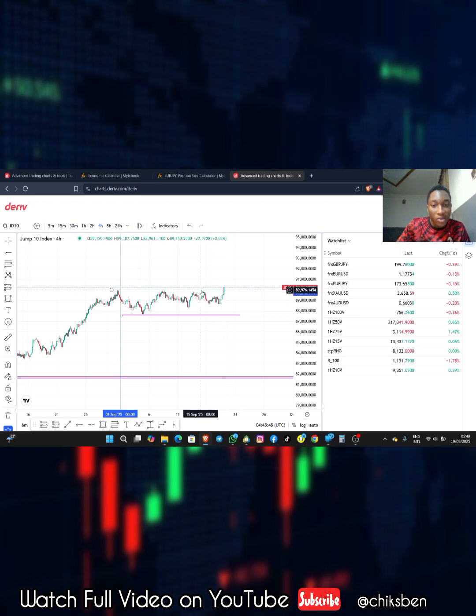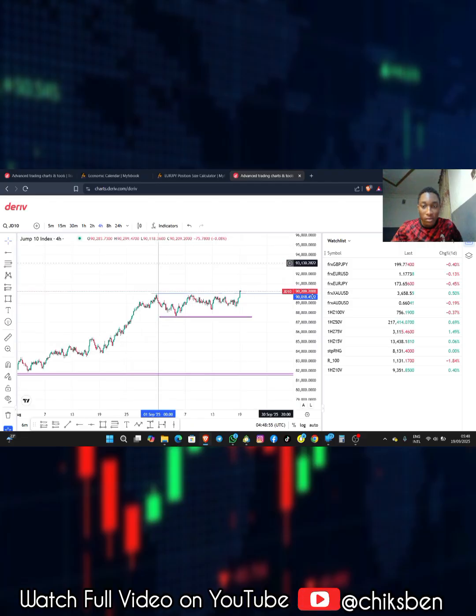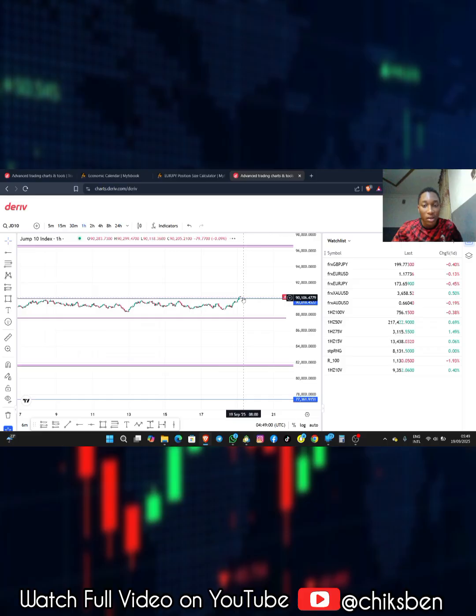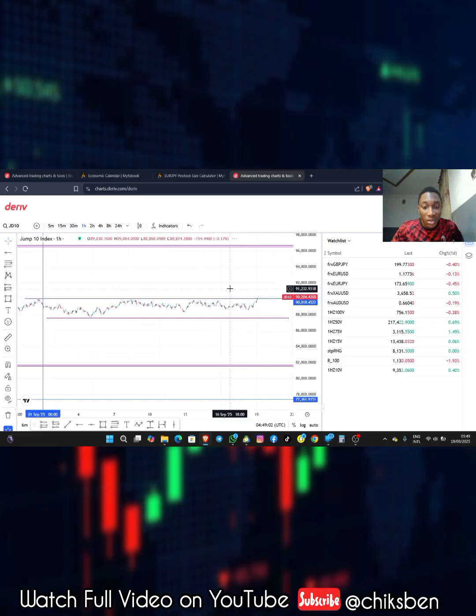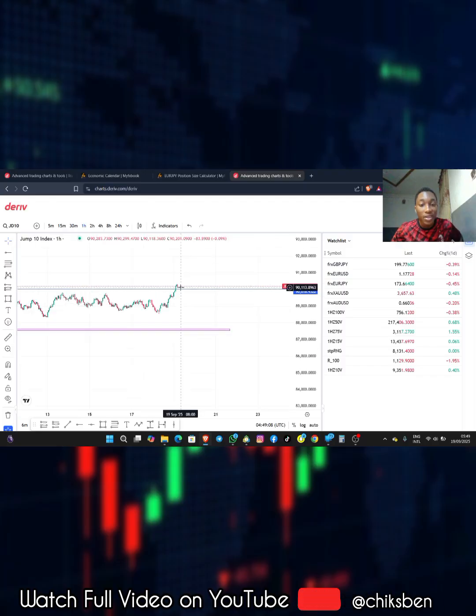So if you want to look for an entry, this is what I usually do. I will be going to the 1 hour time frame, because since it just broke past a resistance, you should be looking for a pullback, that is a retest on the now support line before it continues upward.